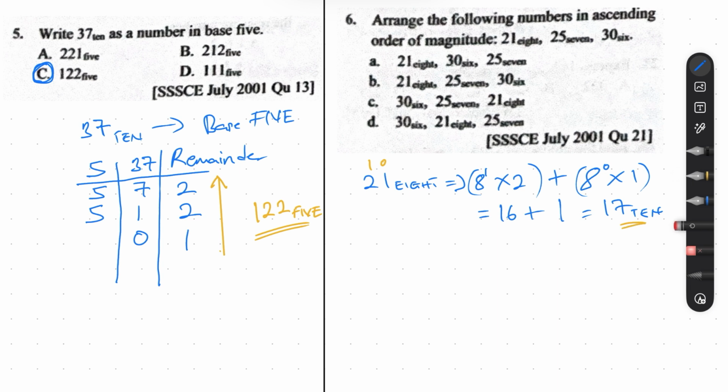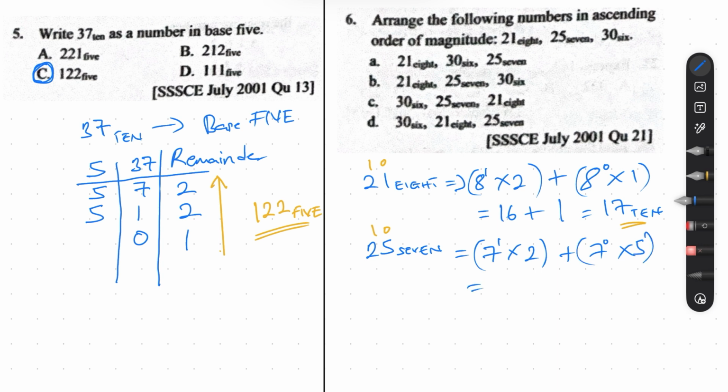So let's continue. Let's do the same for 25 base 7, right? So we count 0, 1, and then we raise them to the powers, right? So we have 7 to the power of 1 times 2 plus 7 to the power of 0 times 5, right?